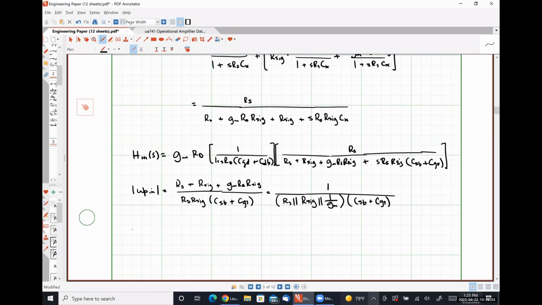Our output pole, or really the pole that's contributed by the GM ZY portion of our transfer function, is just going to be 1 over RD times CGD plus CDB, right? Sorry, CDB.